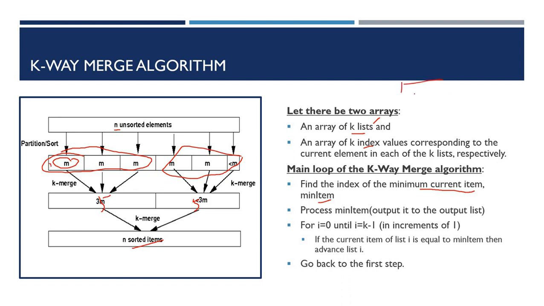For example, the first element 1 is the smallest in the block, so 1 will be processed and stored in the first position. Then 2, if it is there, and so on; it repeats for all the elements in this particular block.